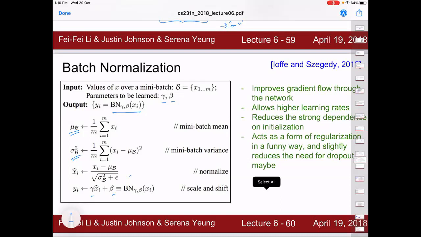It also reduces the effect of initialization because you are respreading the data every time. If the input data and the initialized weights are not very appropriate, we are anyway reprocessing the input, and hence it reduces the effect of initialization of the weights.